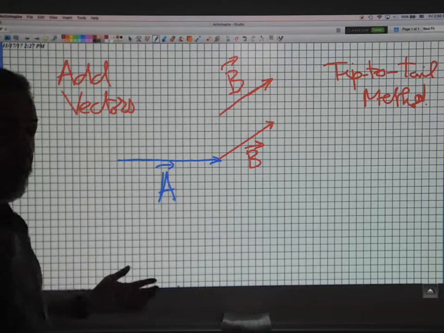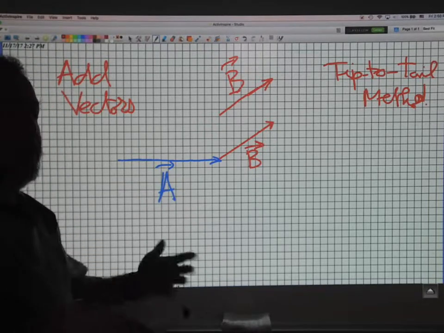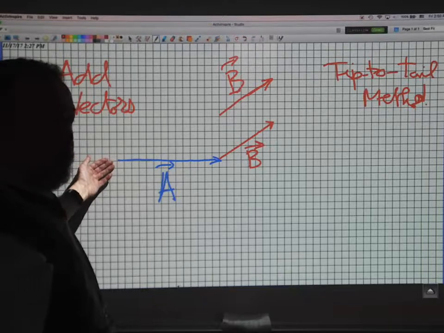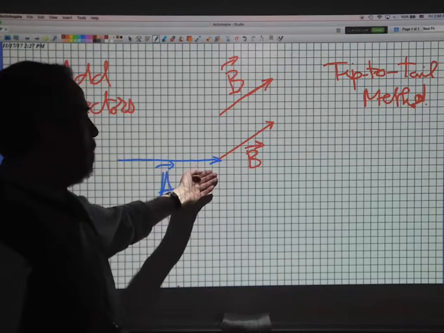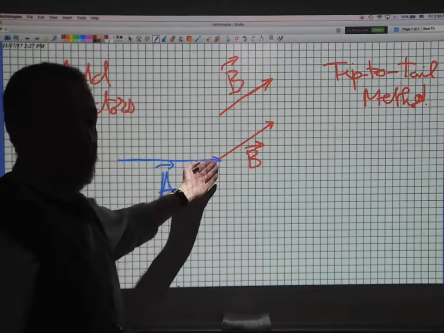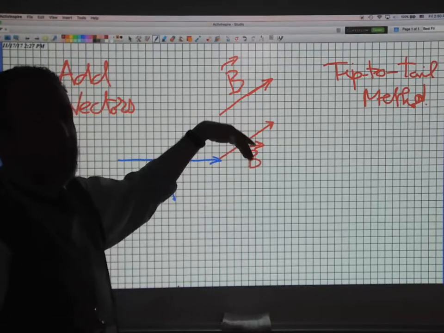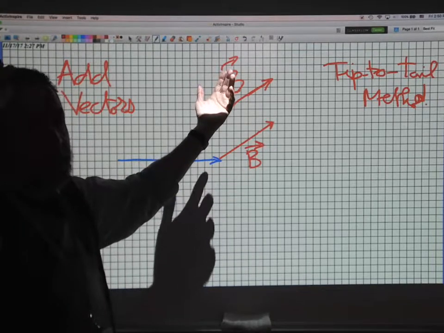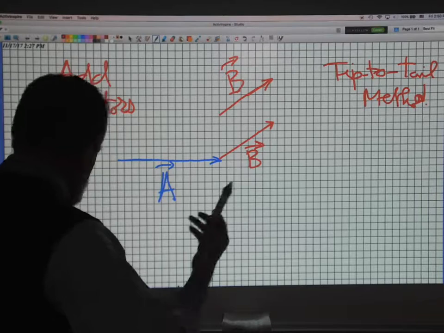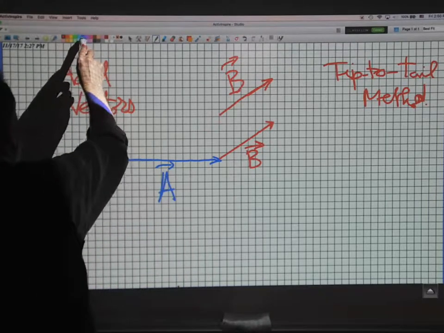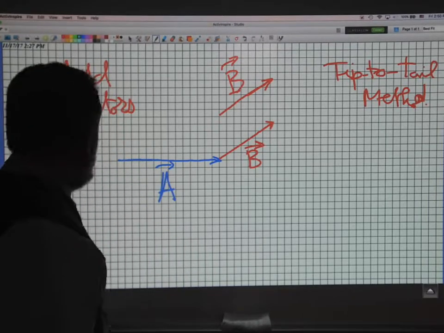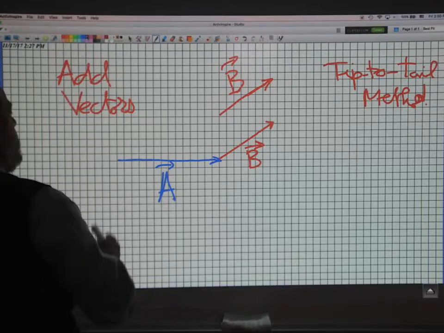Now, here's the deal. These are successive events. So, for example, imagine I would displace myself by a value A, and then I displace myself by a value B. And I'm trying to figure out what's the total displacement of my body. I'm just giving an example. So when you add those two, let's choose purple here for that.